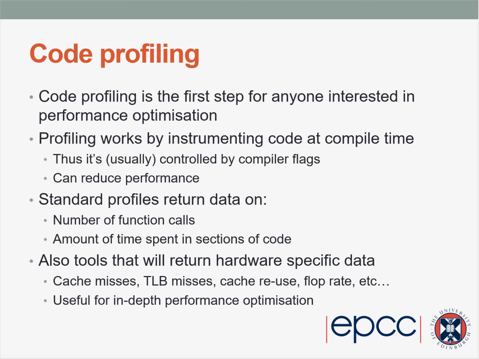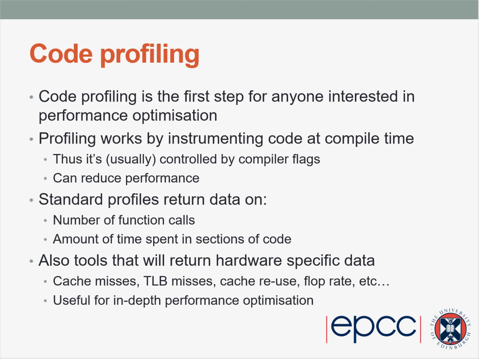So this could be recording every time a function is called. So at the end of a program run, we know how often a function has been called, and we know how long each one of those function calls took, so we can work out which were the most expensive functions, which were the functions called the most, and target our optimization using that.